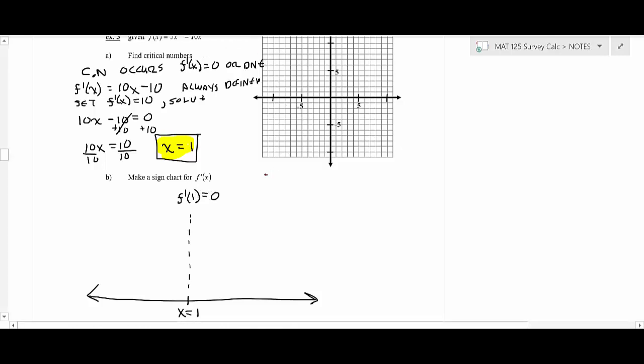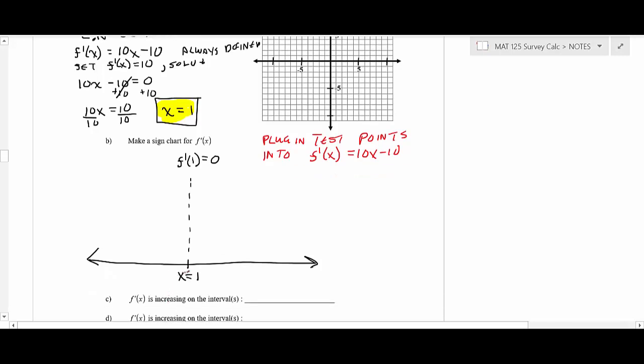So what we're going to do is plug in test points into the first derivative. The first derivative is 10x minus 10. Now, you break this up into two regions, below 1 and above. You pick any number you want below 1, and you'll always get the same result.